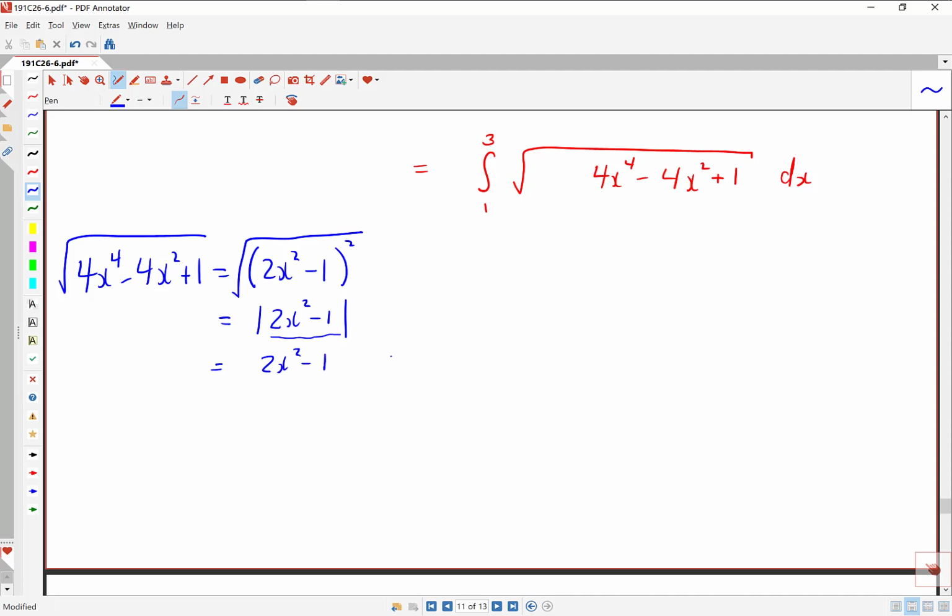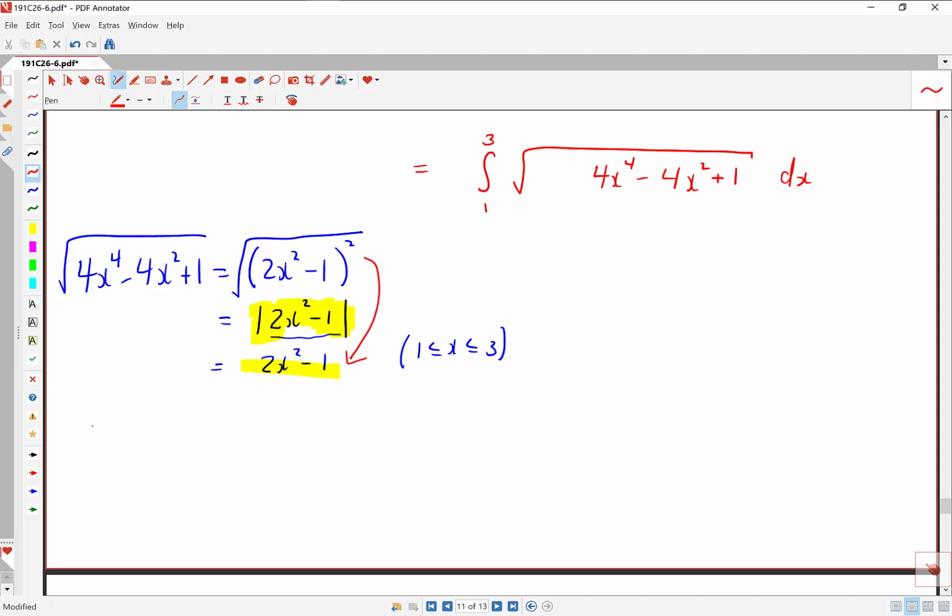The reason we're able to do that is because x is ranging between 1 and 3 in this problem. If we plug in some numbers like x equals 1, it's positive. If we plug x equals 2 into that, it's positive. x equals 3, it's positive. So the absolute value of 2x squared minus 1, for the x values that we're interested in, is equal to 2x squared minus 1.